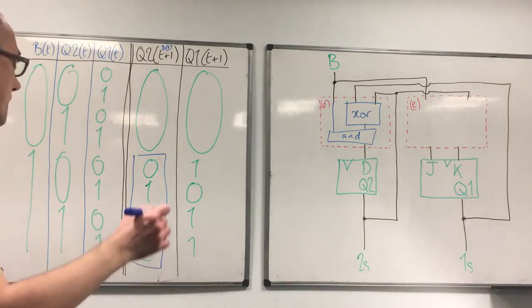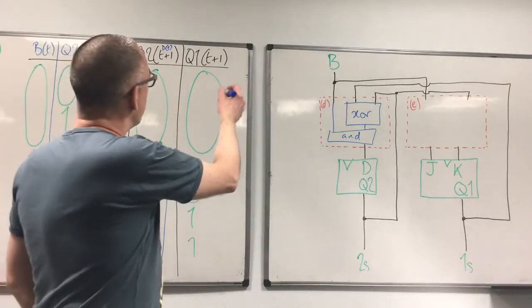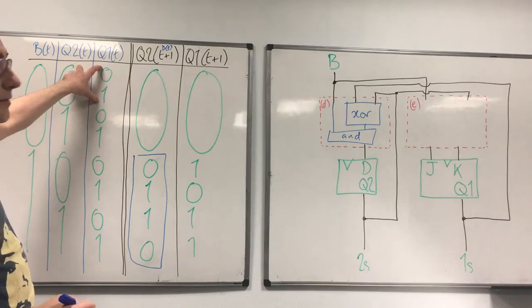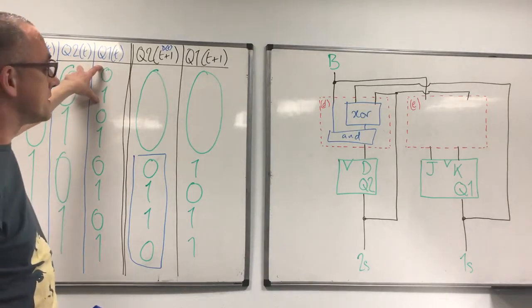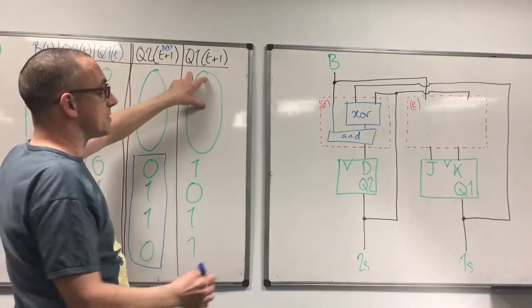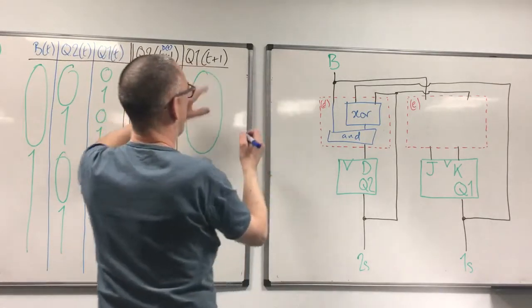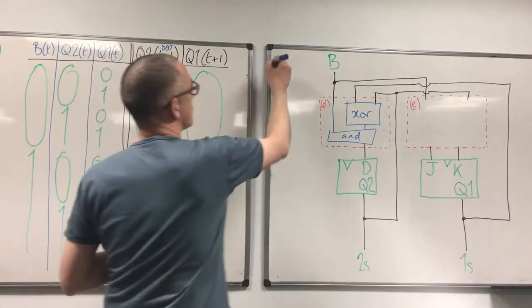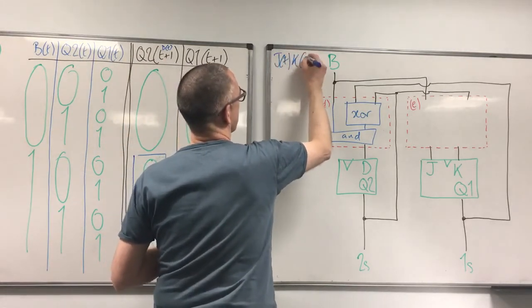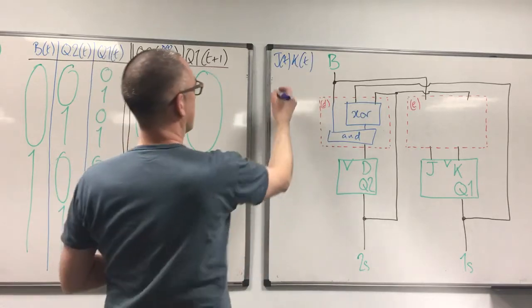Well, let's see. Looking at these two lines of the truth table, we can see that we're definitely, in this case, resetting the flip-flop. So we want to make sure that J of T and K of T are both 0.